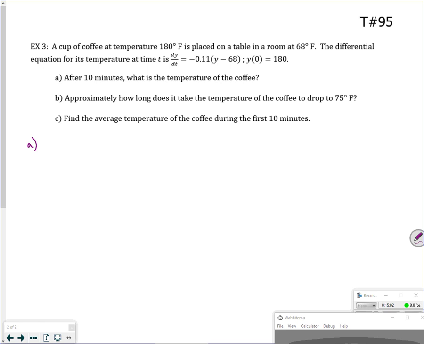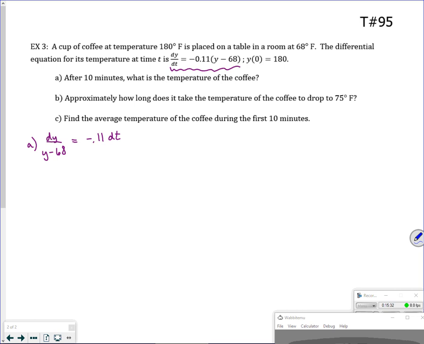So what am I forced to do? I have to go through solving the differential equation. So I'm going to take this differential equation and do my steps. What are my steps? Separate the variables. So dy over y minus 68, those are connected, is equal to negative 0.11 dt.